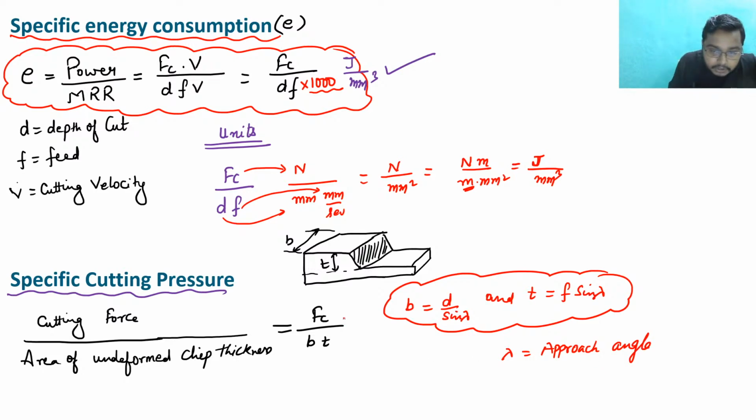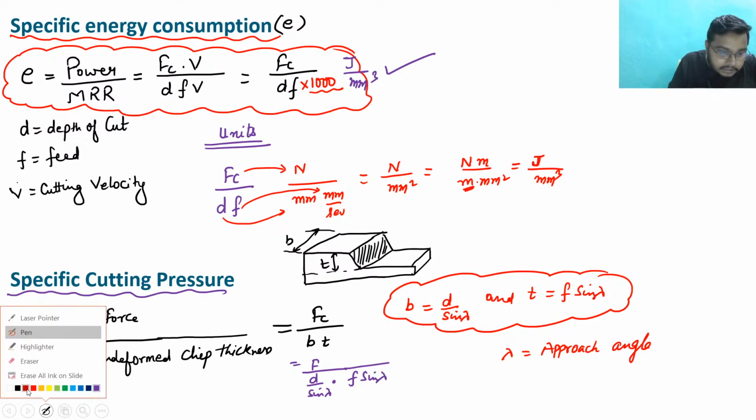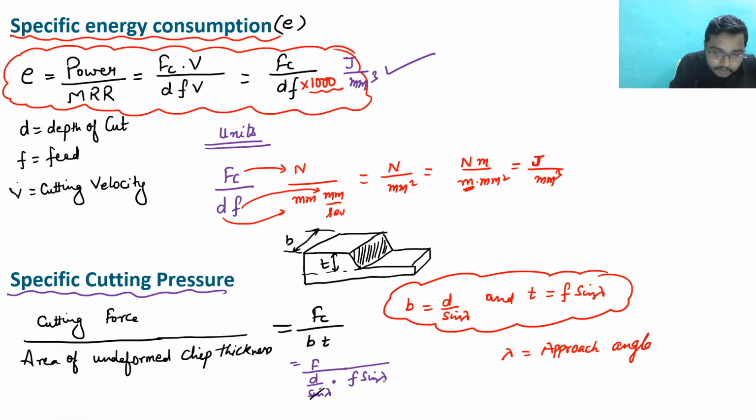So when you put these things in place of B and T, that is F by d sine lambda into f sine lambda, then this sine lambda will get cancelled, and you are left with nothing but F by df.